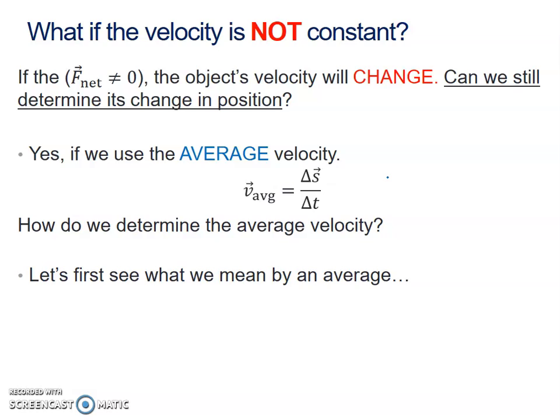An average of a test in a class is not the same, by the way, as the mid-range score in a class. So if I have a class of students I give a test to, and the highest grade is 95, and the lowest grade is 35, would the average be 65?